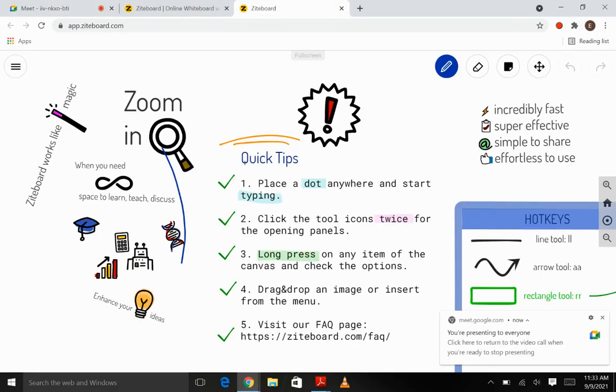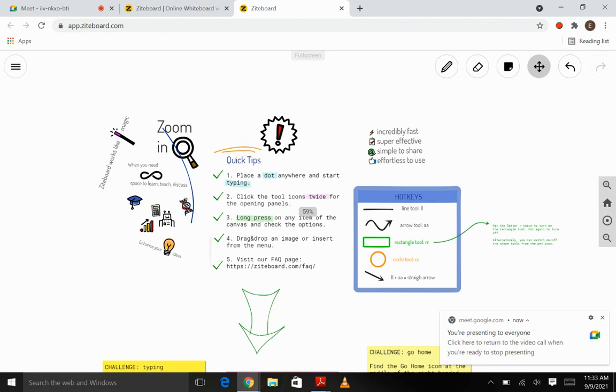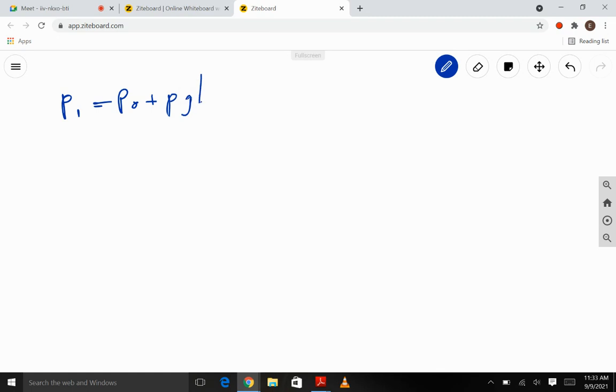So what you want to look at is, you want to start with this. You say P1 is equal to P0 plus ρgh, of which if you want to be specific, you can say ρgh1. So P1 is going to be our pressure, P0 is our atmospheric pressure, right?